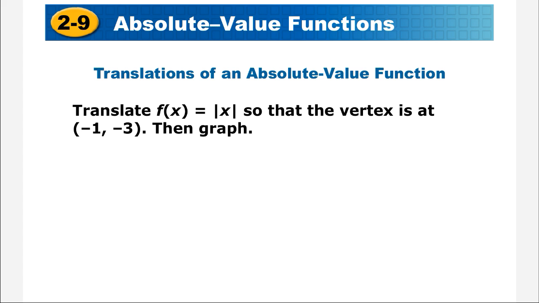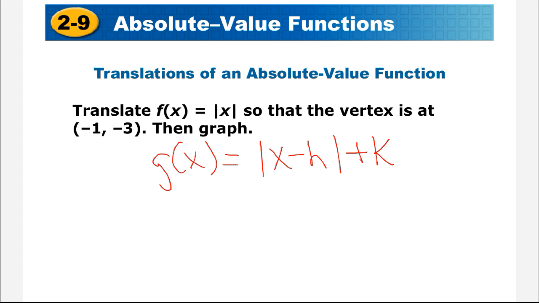So, for example, if we want to translate this function so that the vertex is at (-1, -3), we are going to take absolute value of x minus h plus k, and now we're just going to plug in the h and the k.